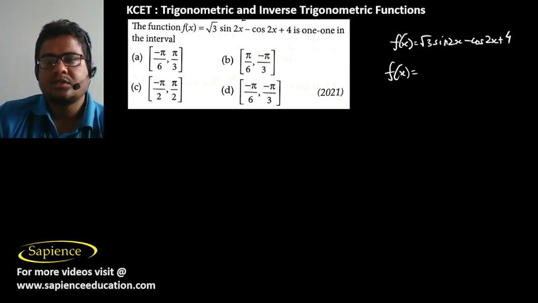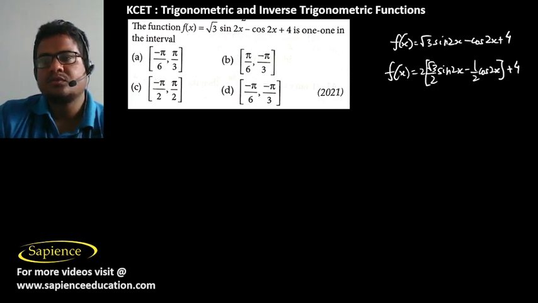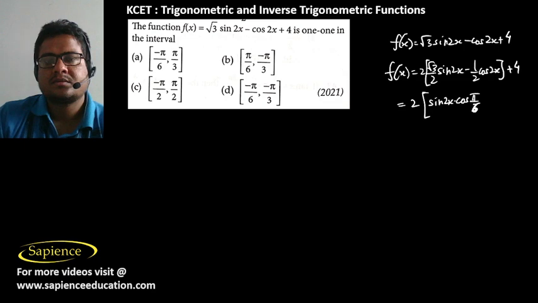So this f of x we can write as 2 into root 3 by 2 sine 2x minus 1 by 2 cos 2x plus 4. So this will be 2 into sine 2x into cos pi by 6, sorry, this is cos pi by 6, then minus cos 2x into sine pi by 6, then plus 4.